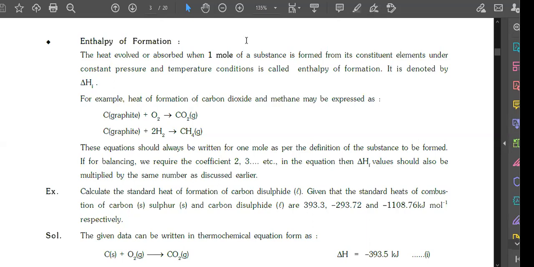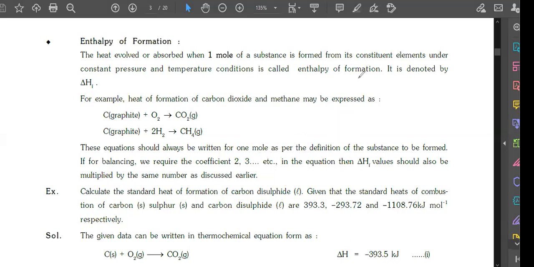For example, suppose I'm having a reaction A gives B, with delta H1 as enthalpy, and B gives C, again with delta H2 as enthalpy change for these two reactions. But if I have to find A gives C, then for this reaction, delta H reaction is the sum of these two, delta H1 plus delta H2. Please watch videos of classroom after the class, because we have already cleared and solved problems on these concepts.